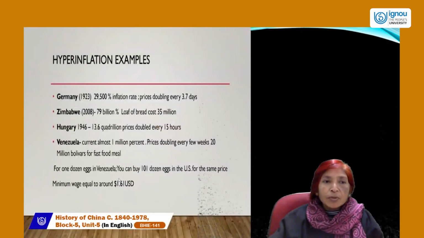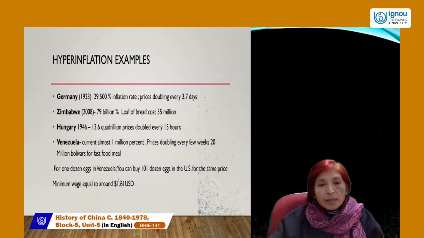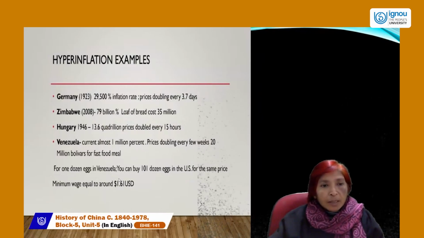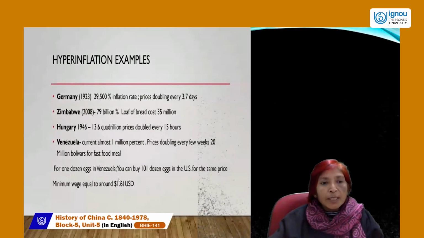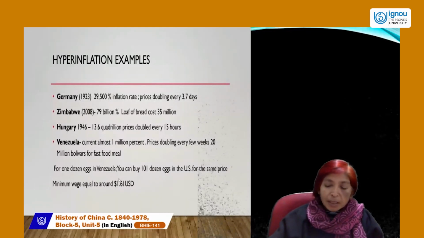The main examples of hyperinflation are Germany, Zimbabwe, Hungary, and Venezuela. Prices increased by 29,500% every 3.7 days in Venezuela, 79 billion percent in Zimbabwe, and in Hungary 13.6 quadrillion, with prices doubling every 15 hours. Those are the examples of hyperinflation.